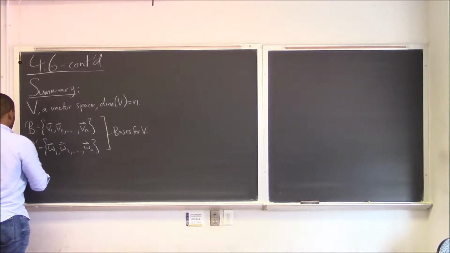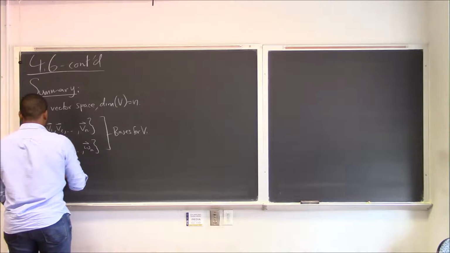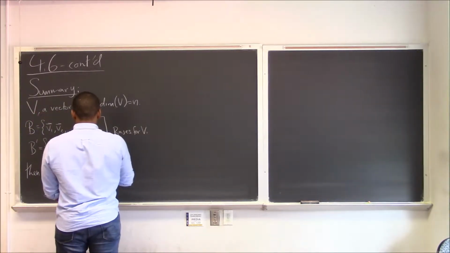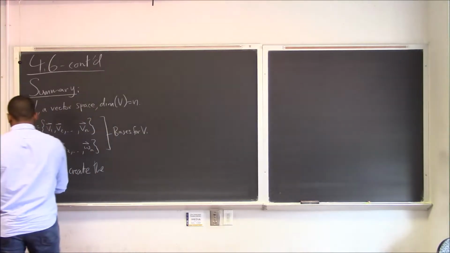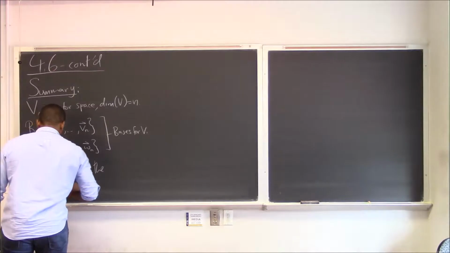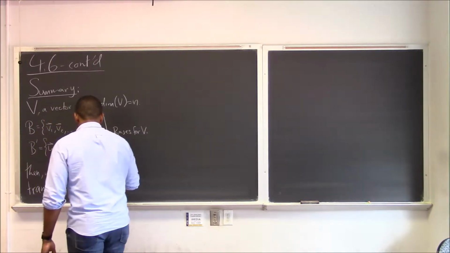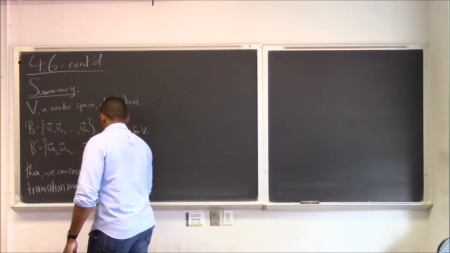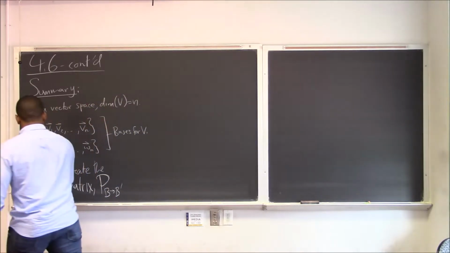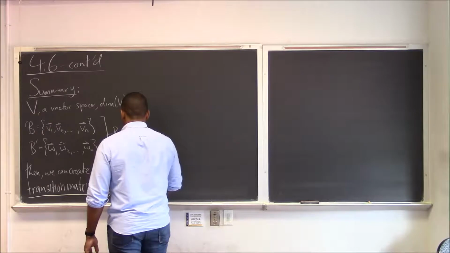Then we can create a transition matrix P from, say, B to B prime.